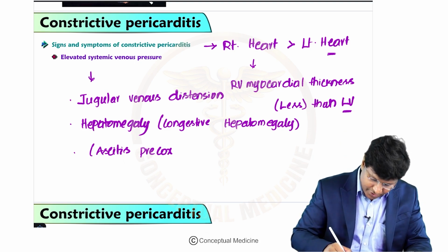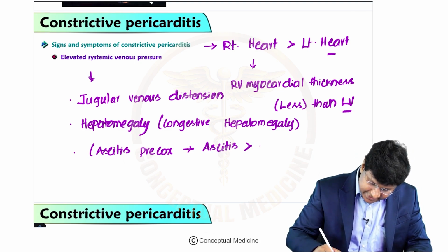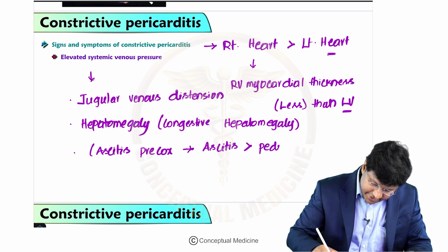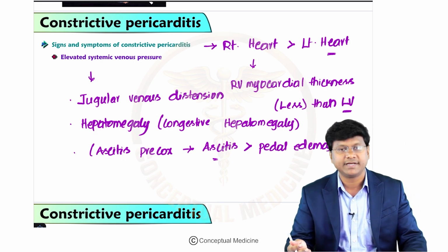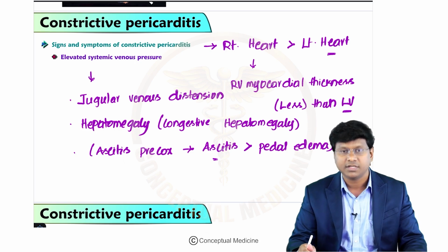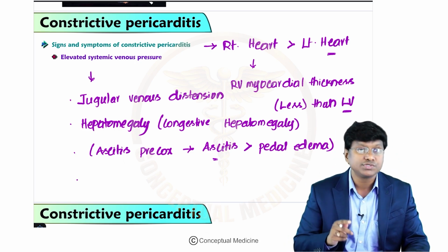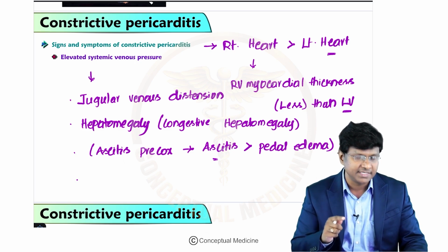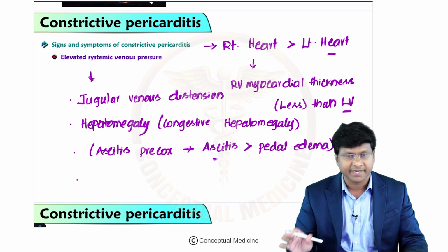Now what is ascites precox? It is the scenario where you will have ascites first, then followed by development of pedal edema, or peripheral edema. And the most consistent finding of constrictive pericarditis is insidious development of ascites and hepatomegaly.